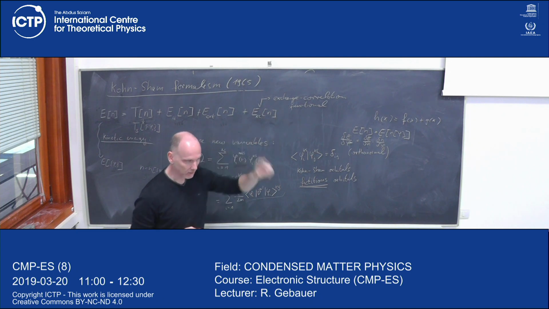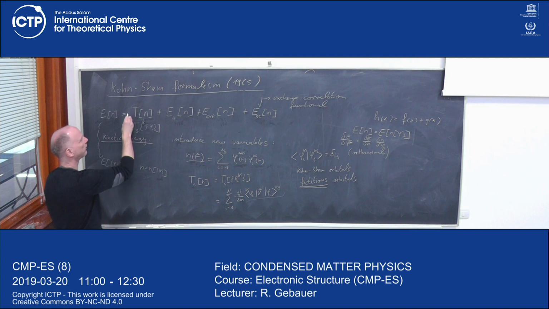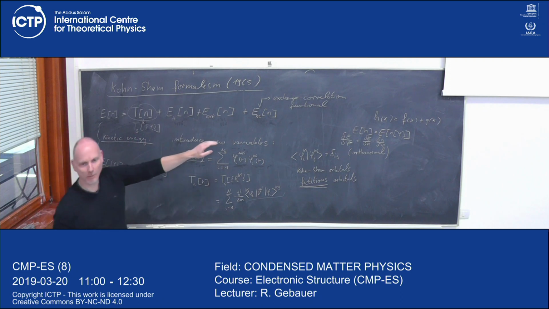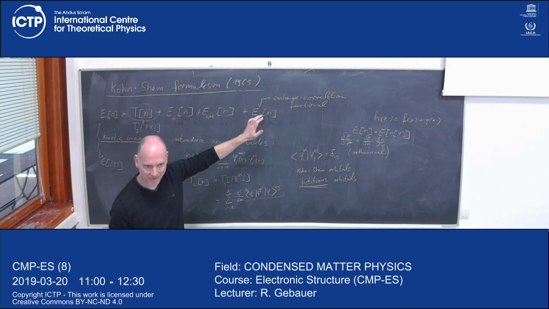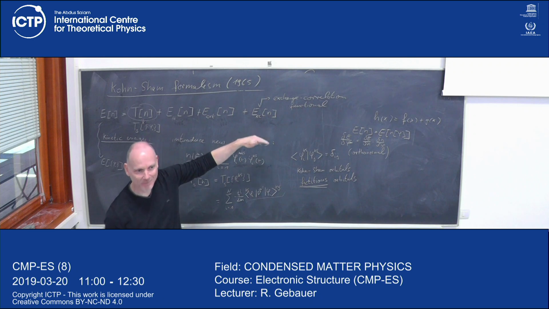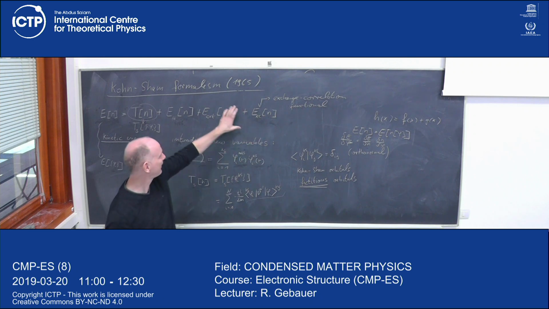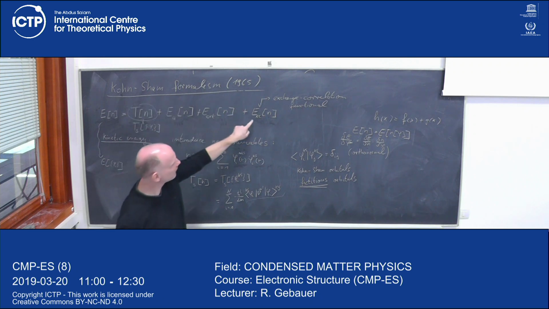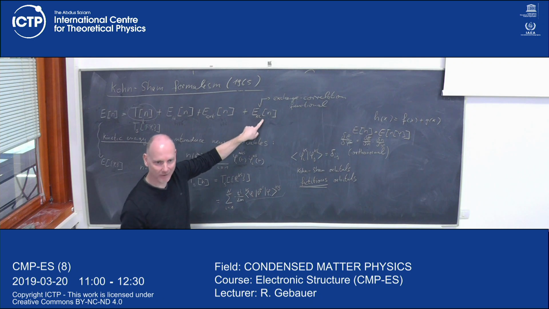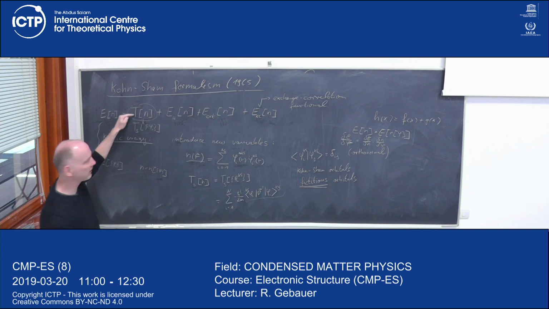Now since we approximate this first term with something which might be a good approximation, but an approximation nonetheless, this means that in our rest energy, meaning the difference between the exact result and what came before, there is not only exchange, there is not only correlation, there's also something which accounts for the difference between T and Ts.